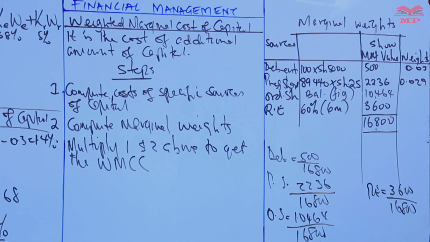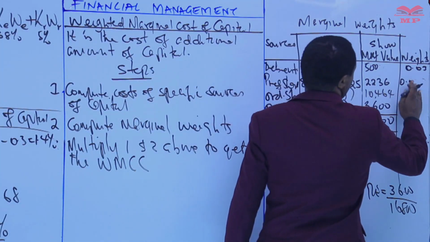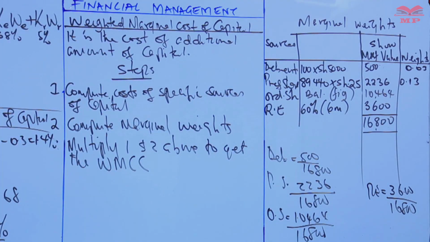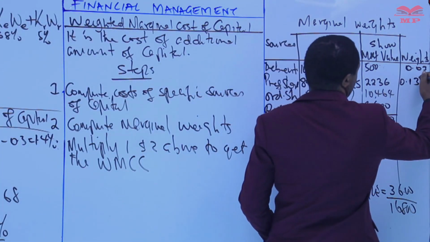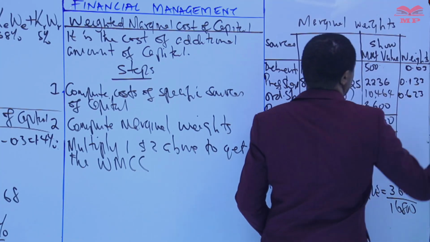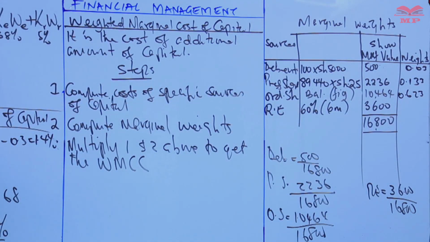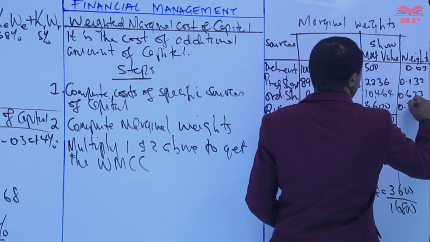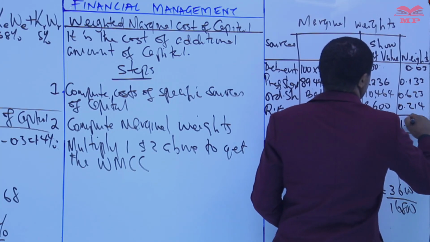If it is not 0.29, what is it? 0.13. How about ordinary share? 0.623. Retained earnings. So this should equal 1.000.